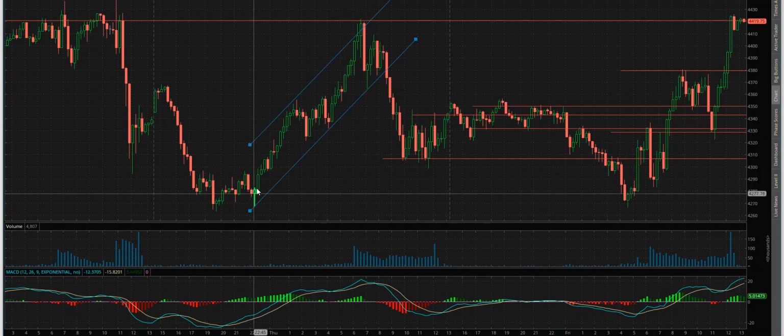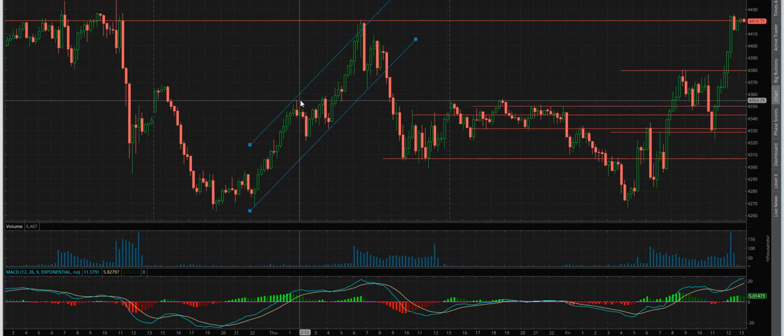If you see, the first time it touched this line, it bounced back. So this works as a support. Now it went up, it hits the resistance. After these 2 points, you can draw this trend. So you got 1 point here and 1 point here. After this point is done, you can join this and this, and you can have your trend line.